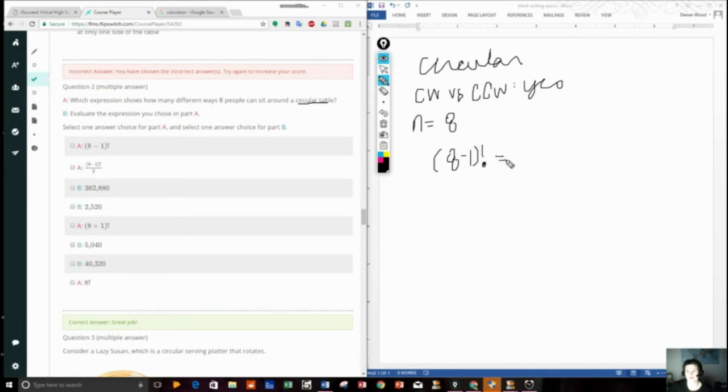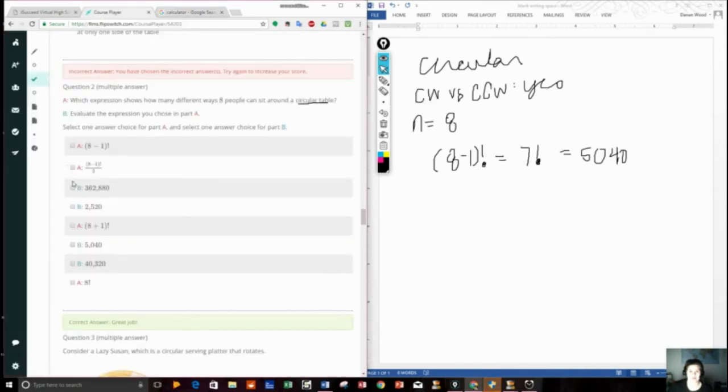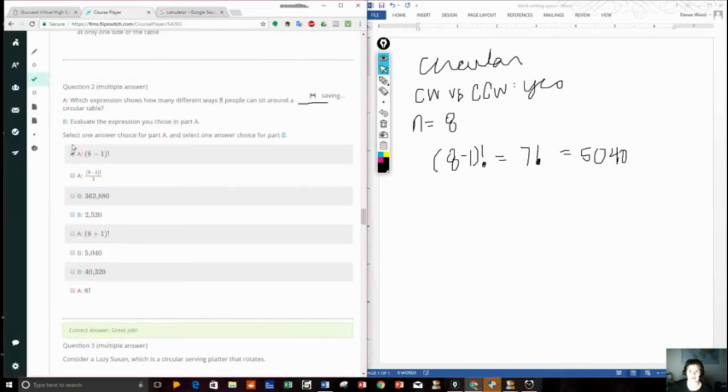And that's going to equal 8 minus 1 is 7 factorial. And so then we're going to come over to our calculator, 7 factorial, and that's going to equal 5040. Okay, so we have 8 minus 1 factorial, and we have 5040.